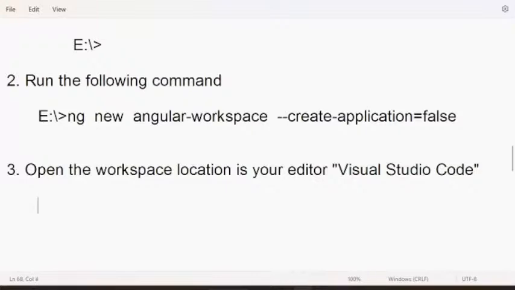The workspace location will be E colon, Angular workspace. That is the location. You have to open this location. That is the folder that was created. So this is the workspace you have.